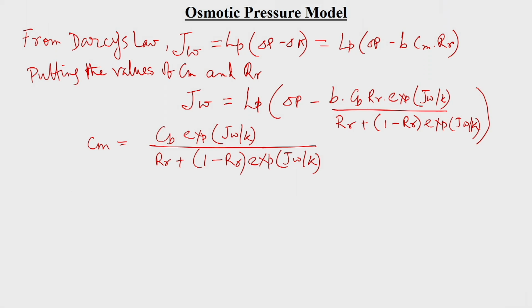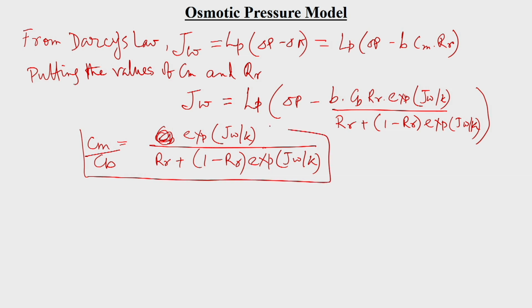From there, Cm by Cb will be exponential Jw by k by Rr plus 1 minus Rr into exponential Jw by k.